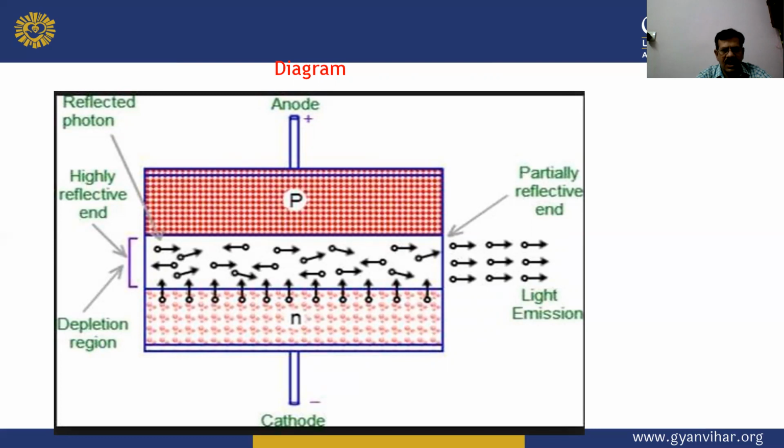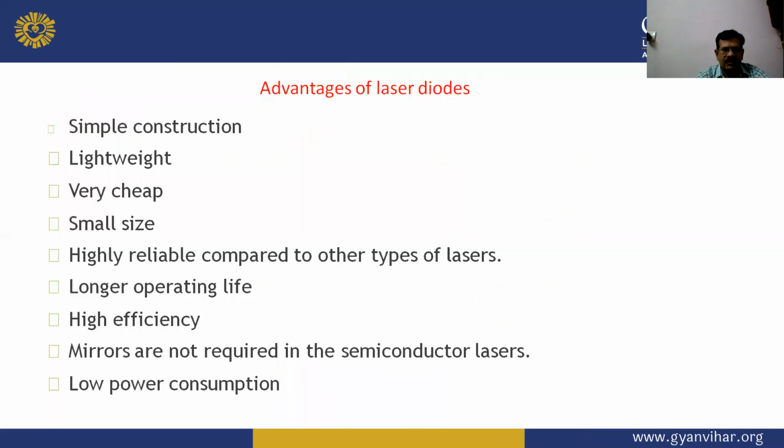Between the n-type and p-type semiconductor there is the formation of a junction and also the depletion region across the junction, and there is the flow of charge carriers from one side to another across the junction. So this is the construction diagram of the laser diode.